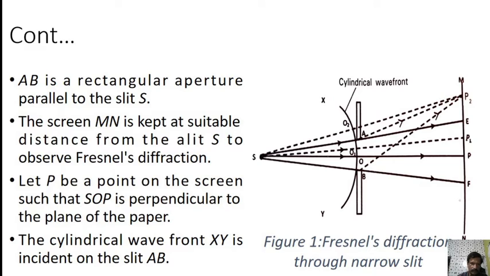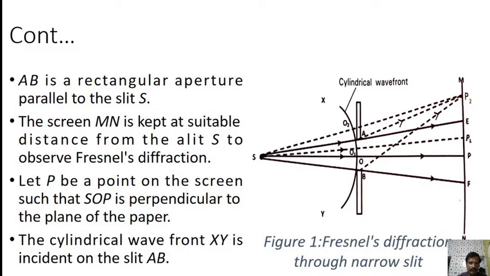The screen MN is kept at a suitable distance from the slit S, so that we will get a diffraction pattern to observe Fresnel's diffraction. Let P be a point on the screen such that SOP, look at SOP, is perpendicular to the plane of the paper.